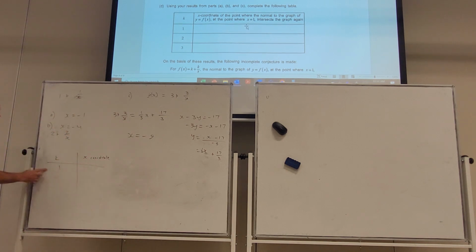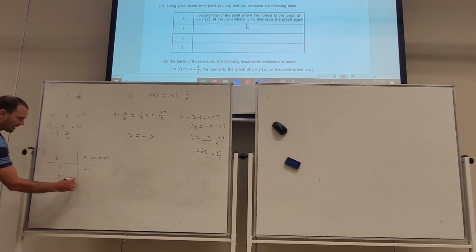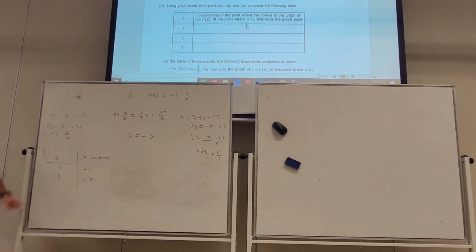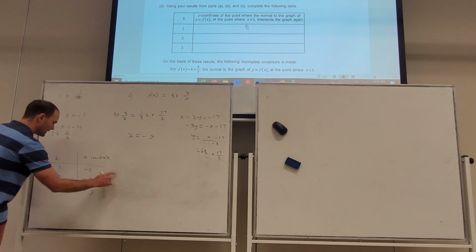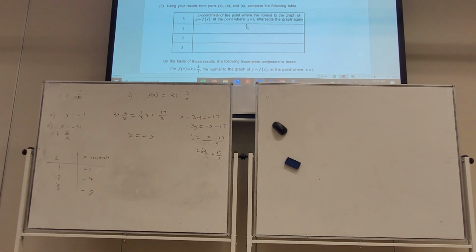And so we saw when K was 1, the X coordinate was minus 1. When K was 2, it was minus 4. Right, that's from part B. And then from part C, we saw when K was 3, it was minus 9. Alright, so that's filling in the table.